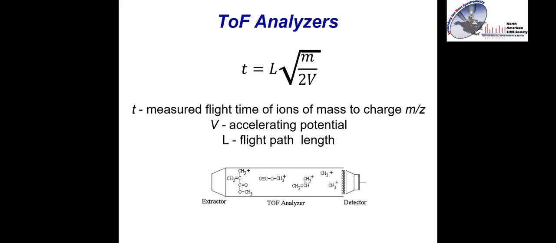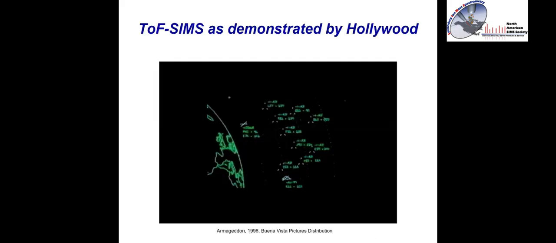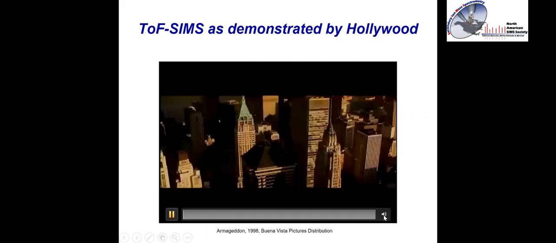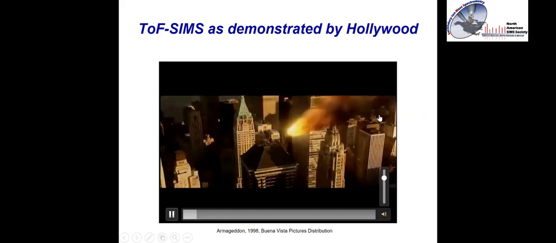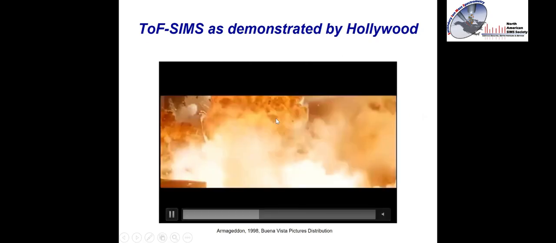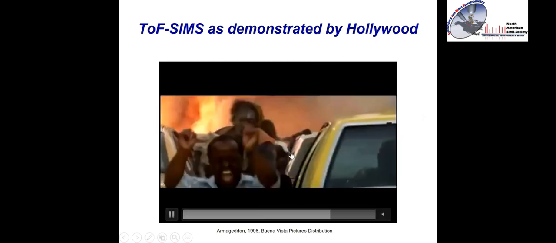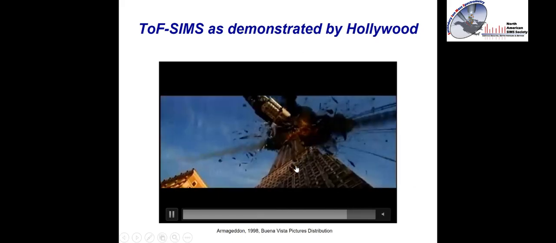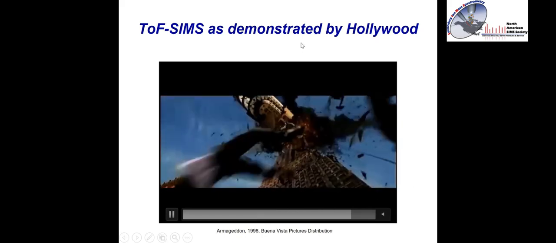Luckily, Hollywood gave us a demonstration of how SIMS works. Here we see impinging ions coming into a surface, causing an explosion. There are emissions in the SIMS process, and some of these would be ionized. Once these ions are extracted into the detector, we can look at the different parts that came off and try to extract where those ions came from.